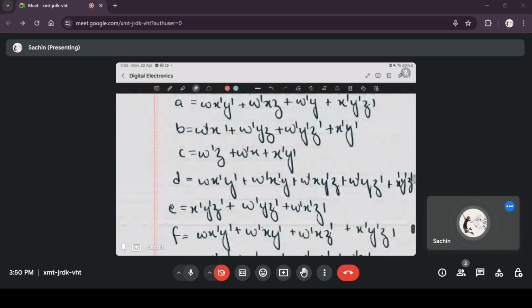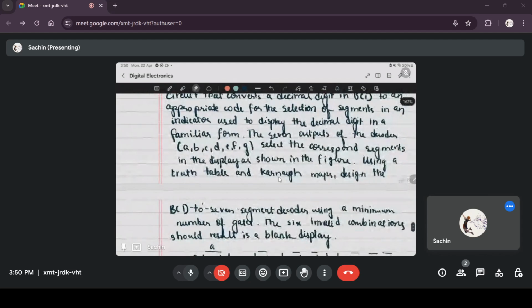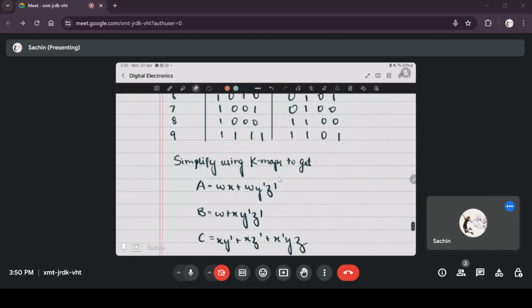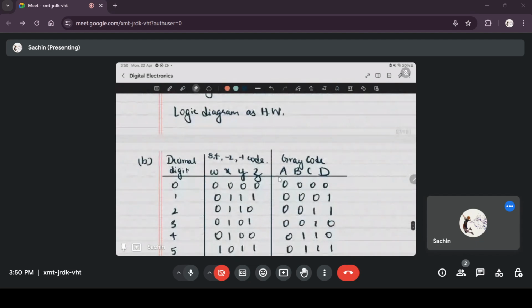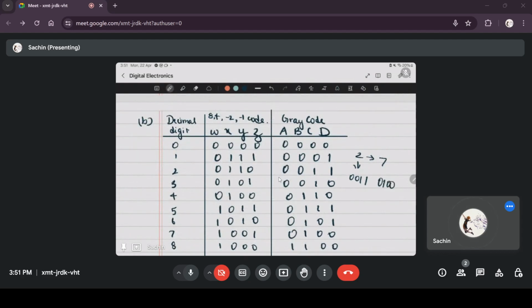We had seen gray codes in a previous lecture. So the ninth complement of 2 is 7. 2 in gray code is 0011. 7 in gray code is 0100. So that's how you will have to find the ninth complement in gray code.